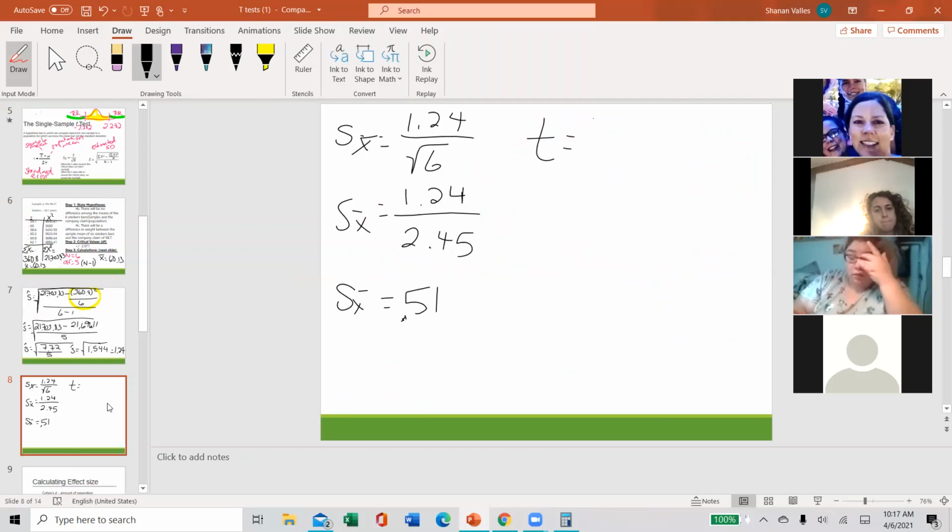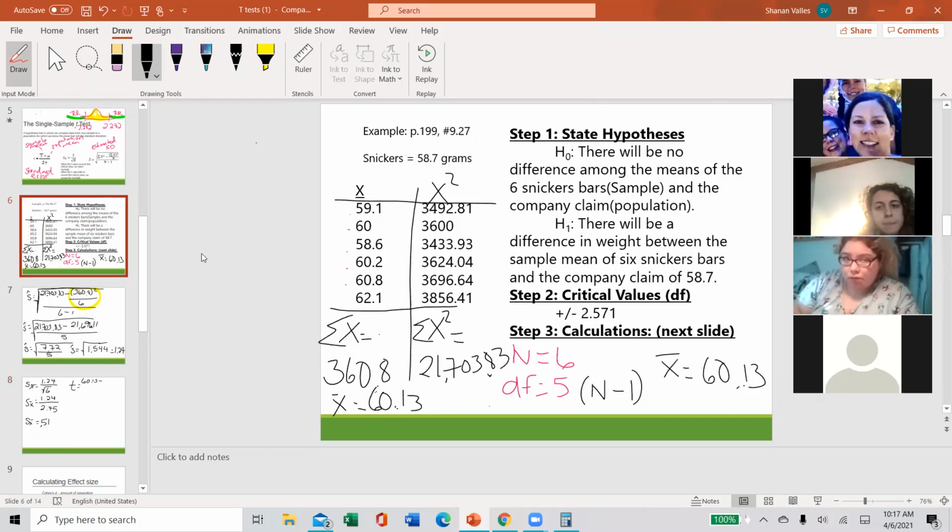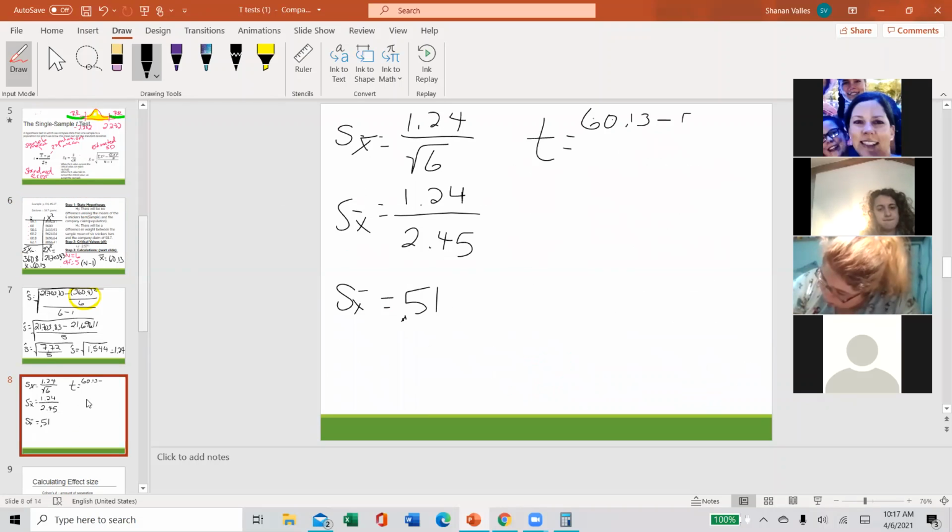Our sample mean we just found was 60.13. Our population mean is the 58.7. Excellent job. Divided by our standard error that we just calculated.